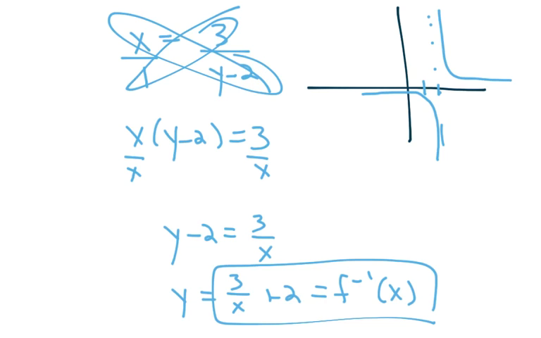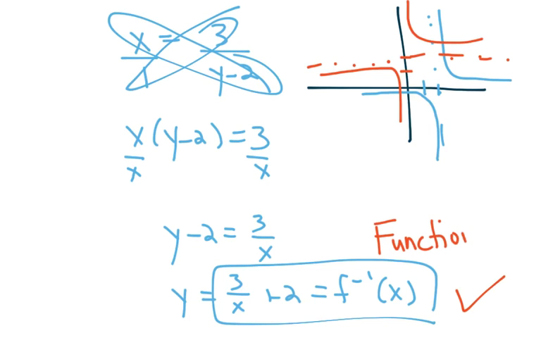Its inverse, I'll do that in red, is going to look something like this. And the red graph, which is the graph of the inverse, if you perform the vertical line test on it, you're going to find out that it is a function.